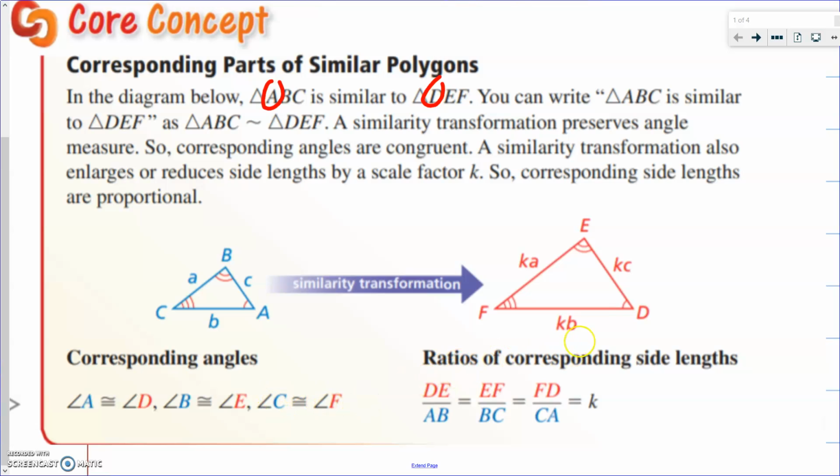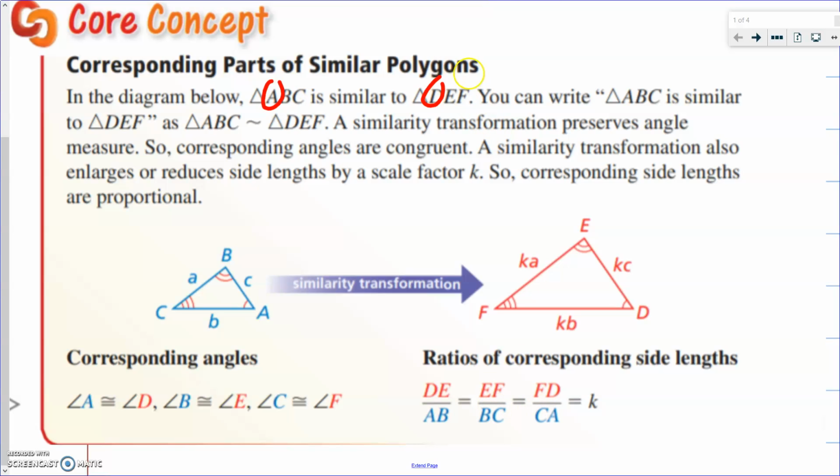But we also know that DE, and notice that DE goes right here on the front, corresponds to the same two letters in the same position as AB. So we can write the value of DE over AB, and that ratio or proportion is equal to EF, our last two letters, written over BC.